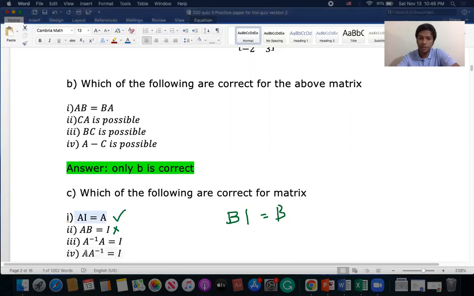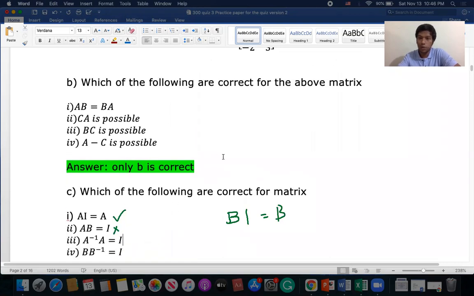And just to make it a little confusing, we can write here B into B inverse. Is this correct? Yes, still correct, because if we multiply any matrix with its inverse, then we get I, and it actually means that they are inverse of each other.